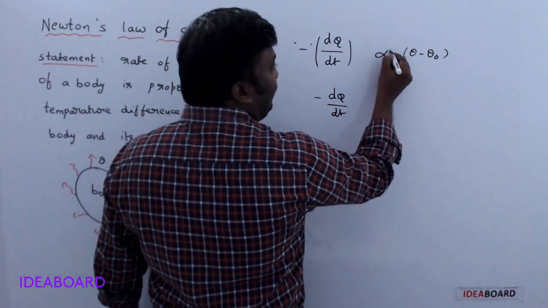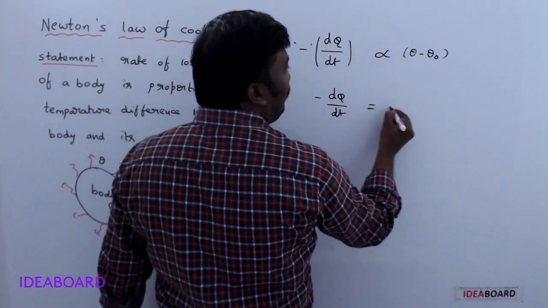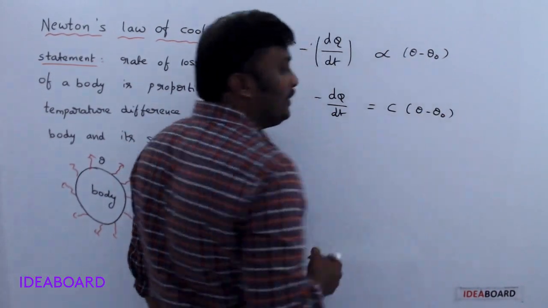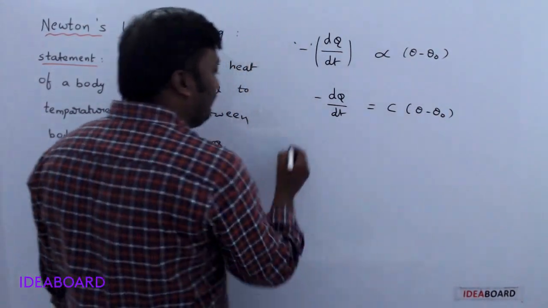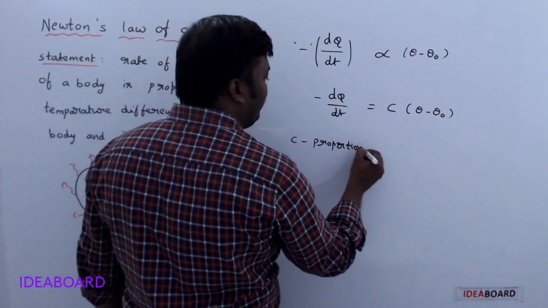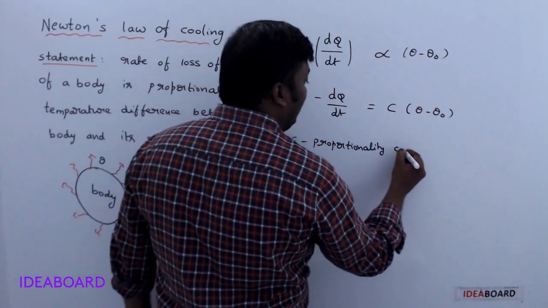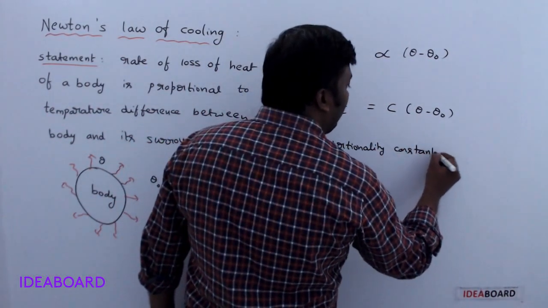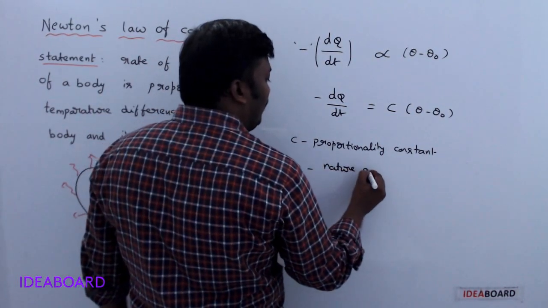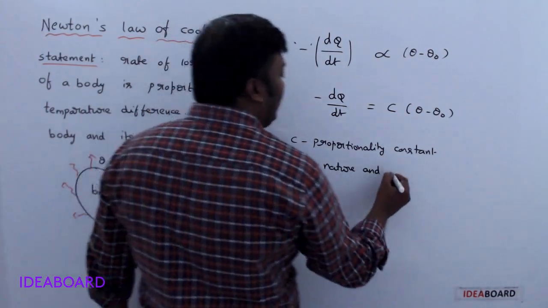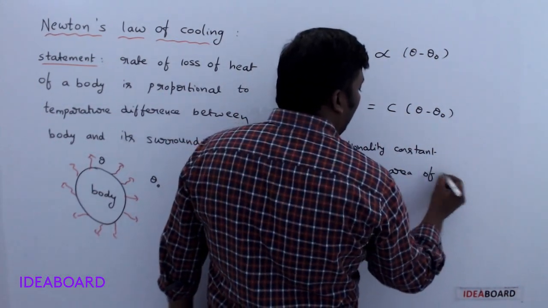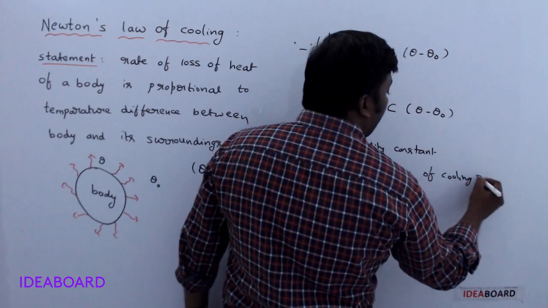Now, minus dQ by dt. If you remove the proportionality, we can put some constant c into theta minus theta naught. Here c is called the proportionality constant and it depends on the nature and area of the cooling surface.